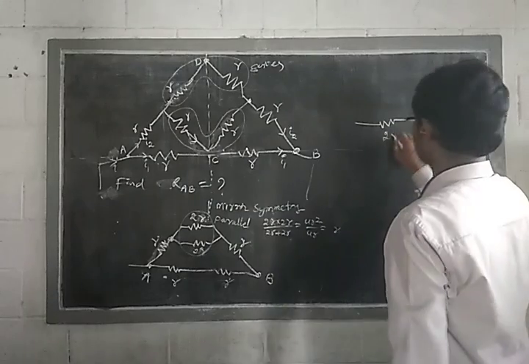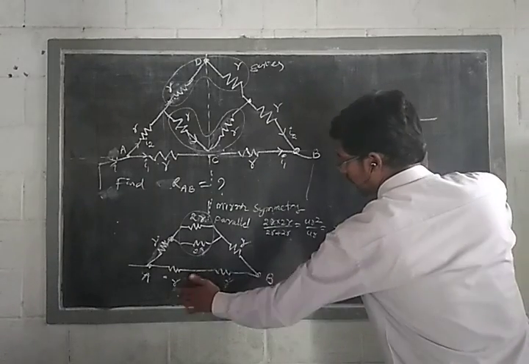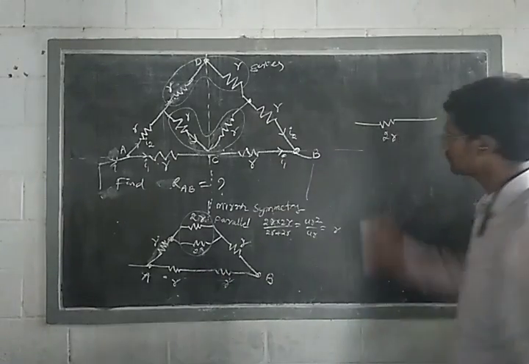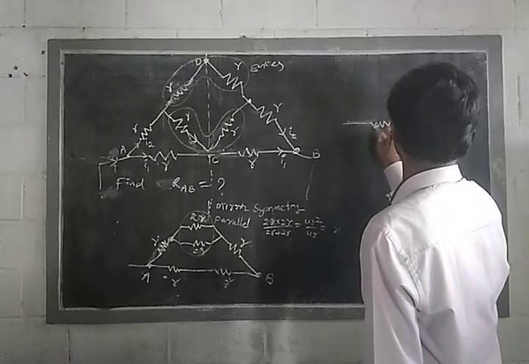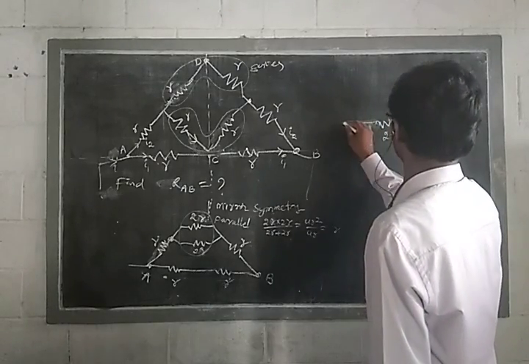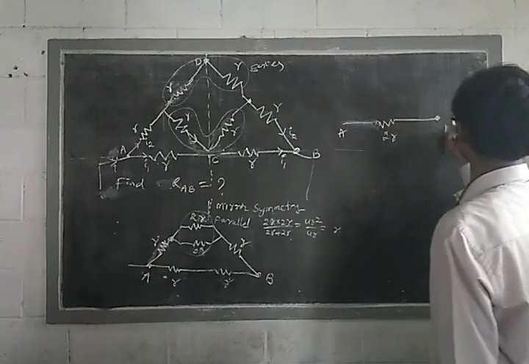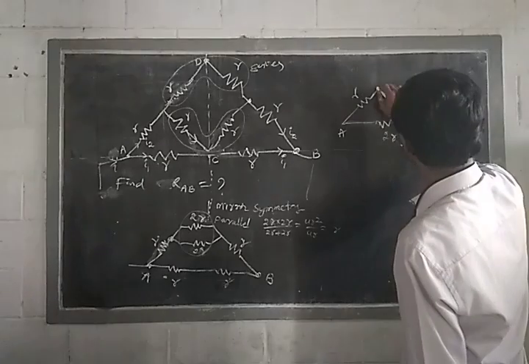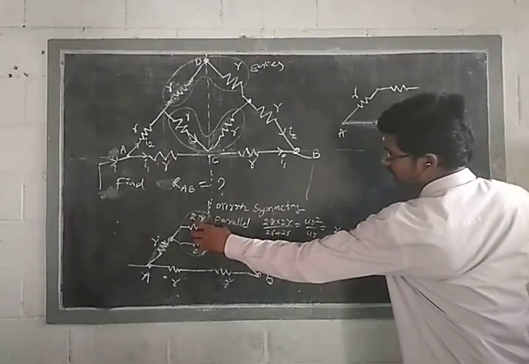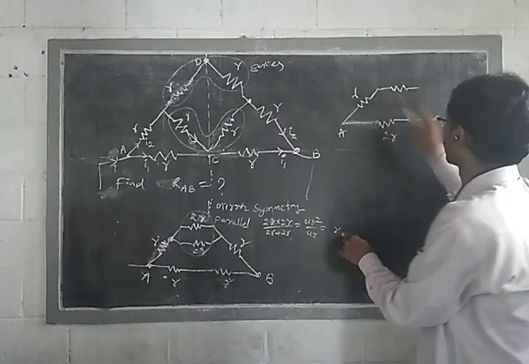Then let me replace R and R series, R plus R, 2R. And now it is A and it is B, R. So instead of these two combinations, what we have tried? Smaller.